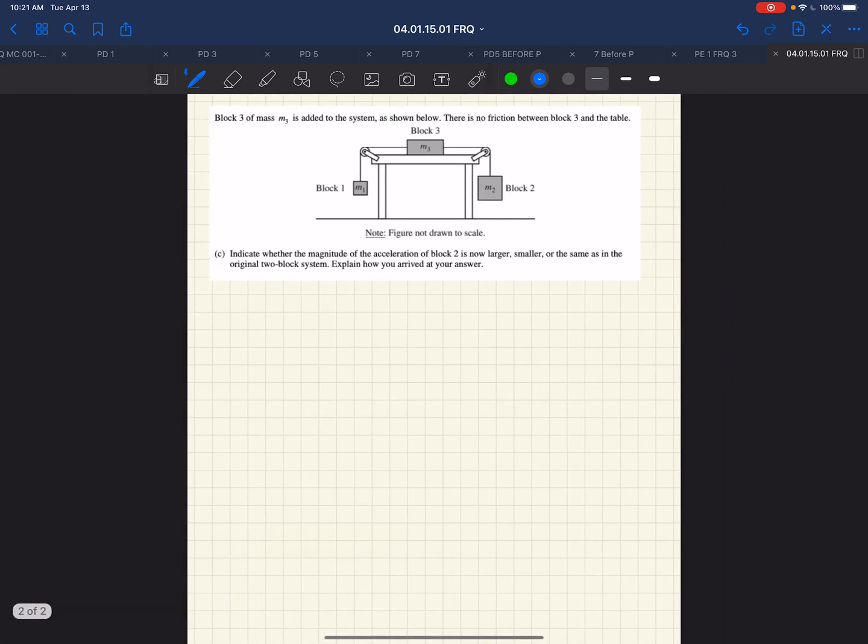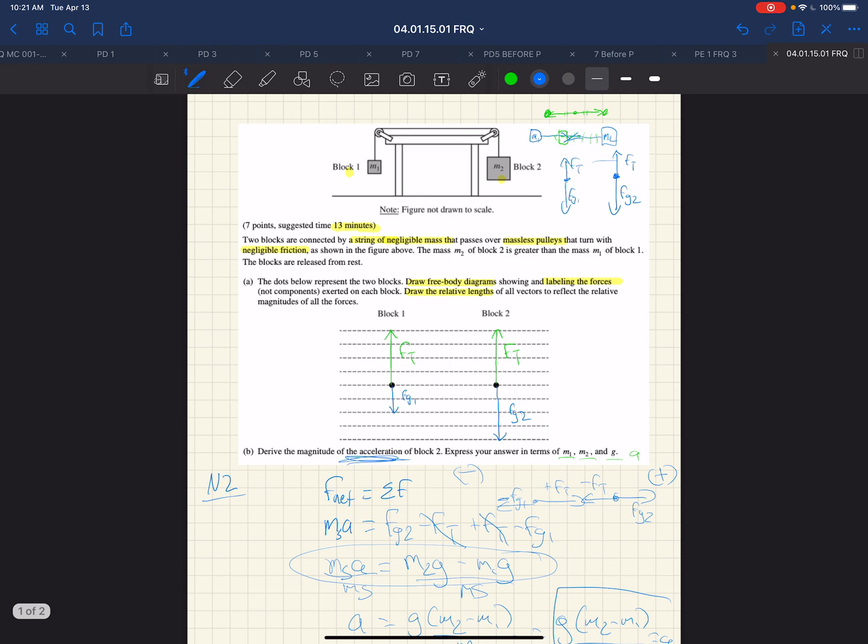So now when we go to part C, we're looking at this. Now what's happening is we still have no friction. It's a frictionless situation, and block 3 of M3 is added. It doesn't tell us how massive M3 is compared to M2 and M1, but it may not matter. And so we want to know now what happens to the acceleration. We had this system where it's M1 and M2.